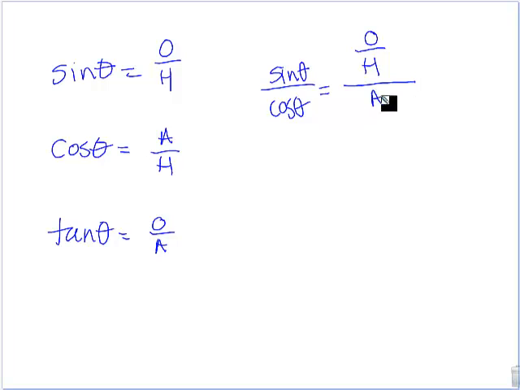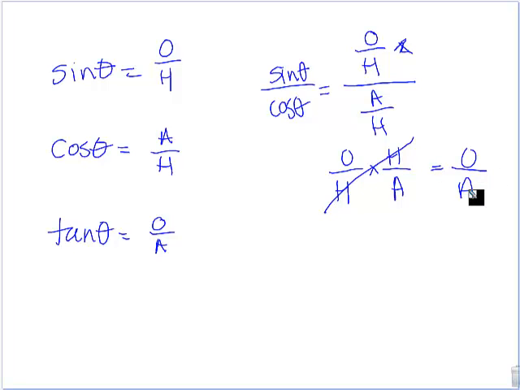Cosine is adjacent over hypotenuse. How do you simplify a fraction divided by a fraction? Multiply by the reciprocal. So this is the same as opposite over hypotenuse times hypotenuse over adjacent. So what happens to your hypotenuses? Cancel, and you're left with opposite over adjacent, which is tangent.